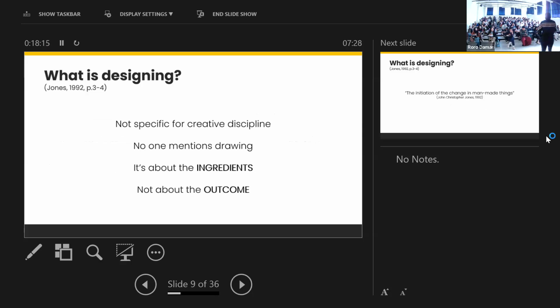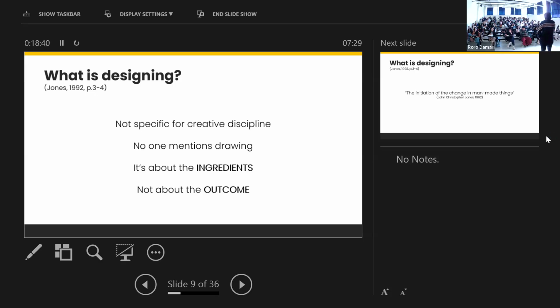So designing is a general term. Even people in economics use the term design thinking. So this is not specifically for creative disciplines. No one mentioned drawing. So designing is not always about drawing.